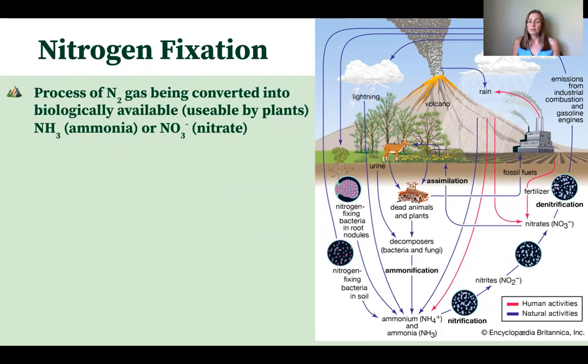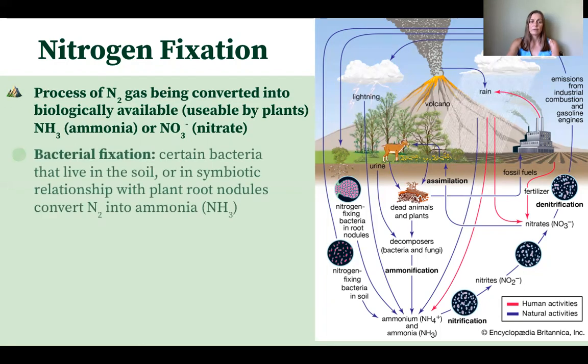So we're going to first talk about nitrogen fixation. So we have lots of different processes when it comes to nitrogen. We're going to talk about nitrogen fixation. So nitrogen fixation is the process of that nitrogen gas, that N2 gas, being converted into biologically available forms. And those either take the form of ammonia or ammonium or nitrates. And so that involves usually bacterial fixation.